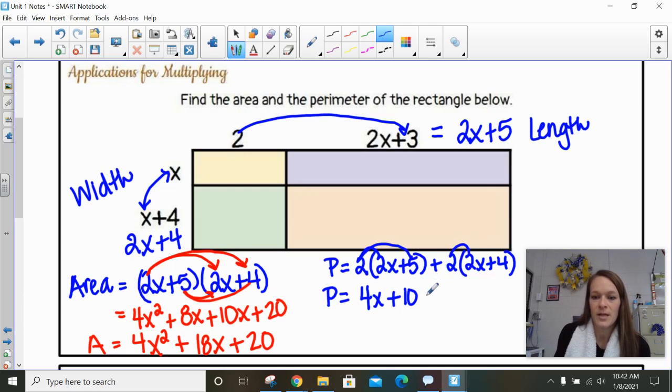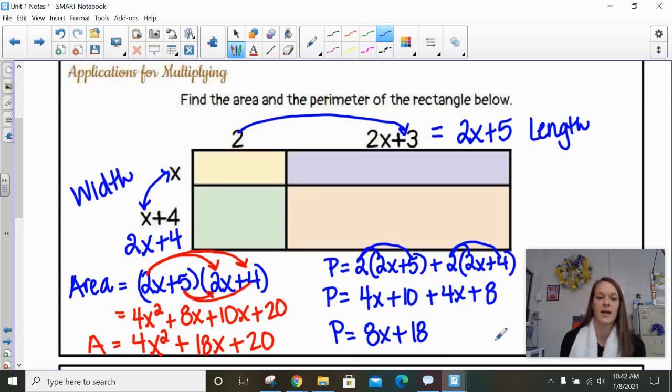Okay, 2 times 2x, that's another 4x. 2 times 4 gives me 8. If I combine like terms, 4x and 4x, that's 8x. And 10 and 8 is 18. And so that's your expression for your area and your perimeter of this rectangle.